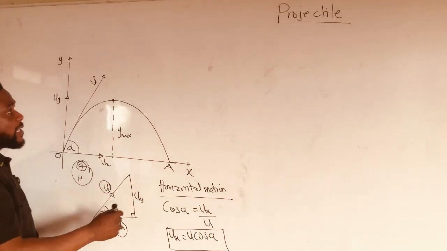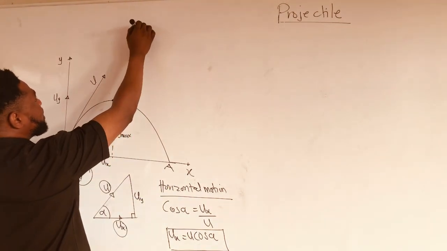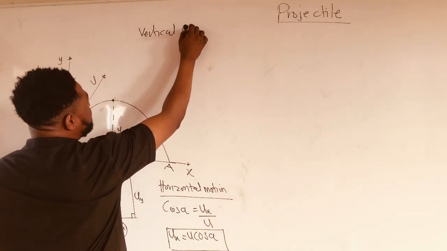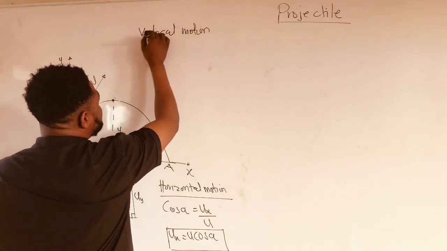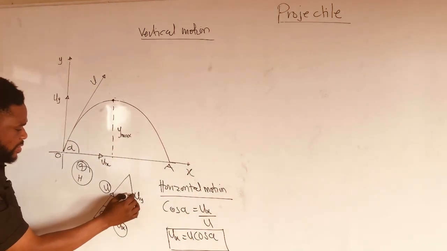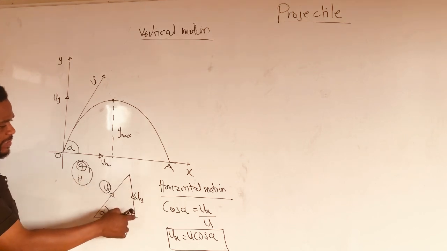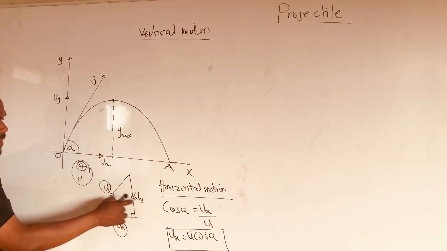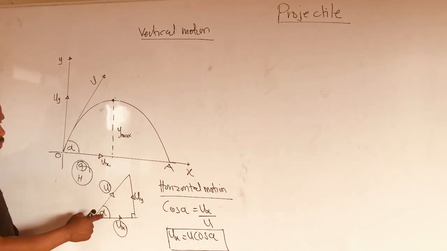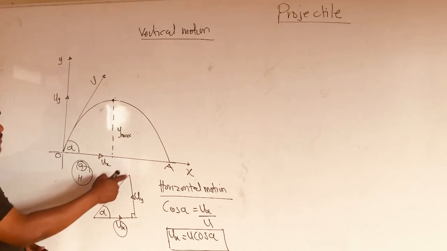Let us also look at the vertical motion, all right. That is the initial velocity on the vertical motion, which is this side, uy. All right, what can we do now? Now uy is opposite to this angle, all right, and this is hypotenuse.